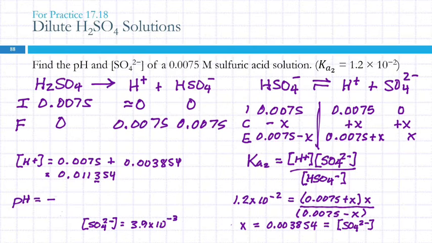So pH is the negative log of that. 1.9448. We'll call that 1.945. Let's put that guy in there too.